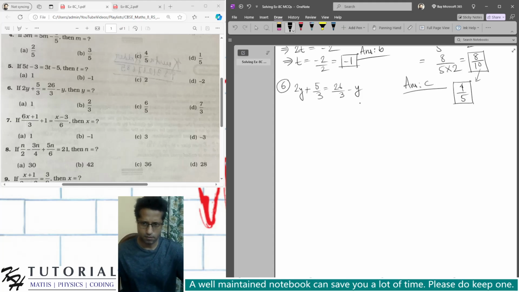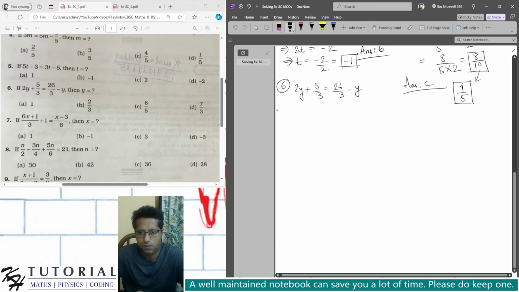So we will not do any kind of multiplication of the LHS and RHS. We will simply bring all the variable terms, that is all the y terms, to the left hand side and all the constant terms to the right hand side. So we get 2y minus y is equal to 26 by 3 minus 5 by 3.